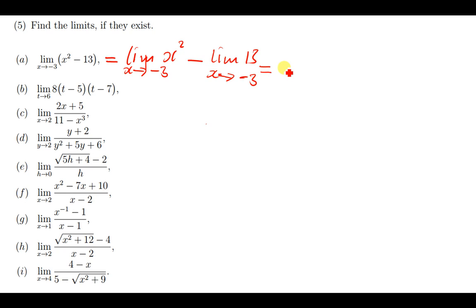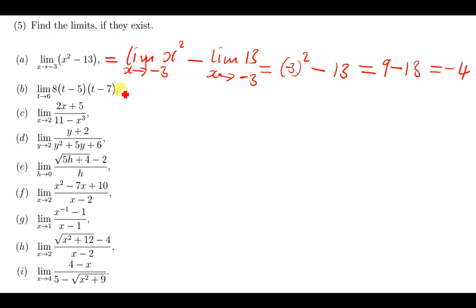So we're going to say negative 3 squared, and then we write this minus there. Then we have the limit of 13. So 13 is a constant. The limit of any constant when x is approaching any number, the answer is that same constant. So in this case, the answer is just 13. So negative 3 squared gives us 9 minus 13, which gives us negative 4.